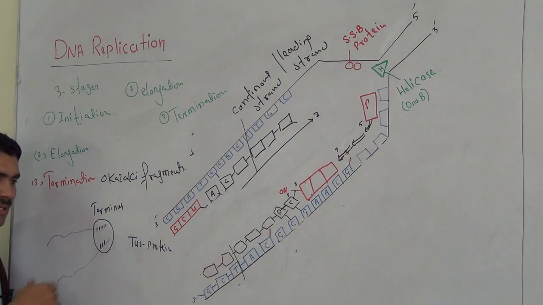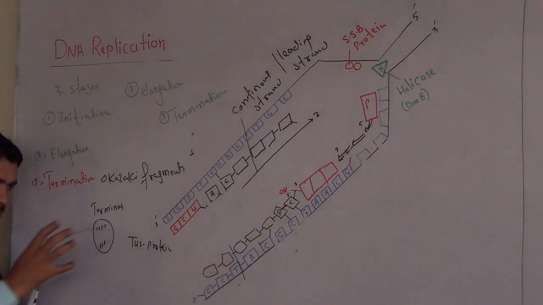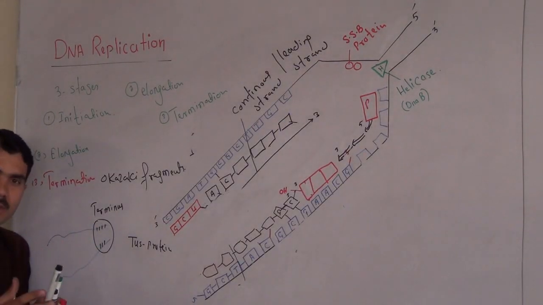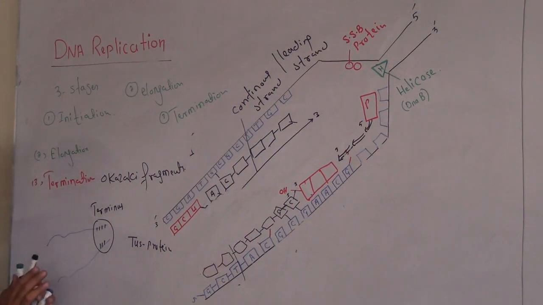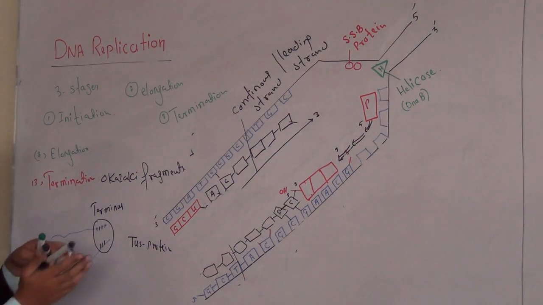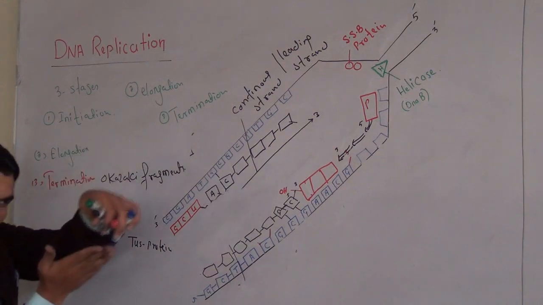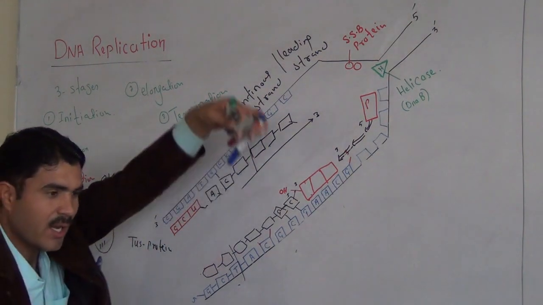Once the protein is attached at the terminus region, the process will automatically stop, because it will stop the replication fork. You know that the replication fork is moving forward, opening the zip.